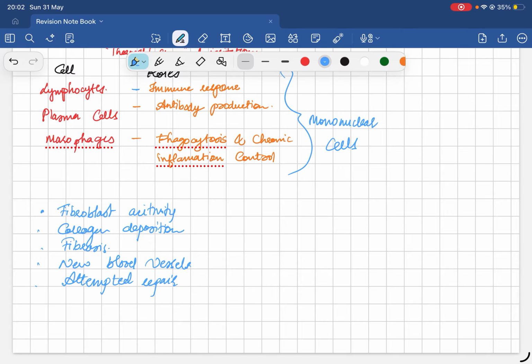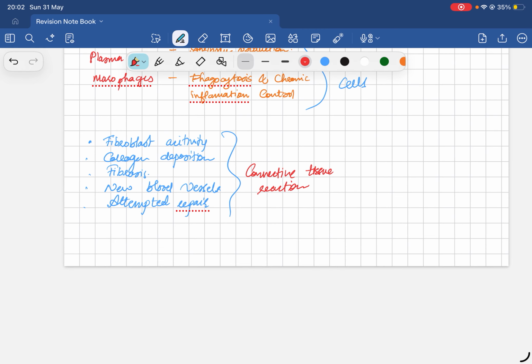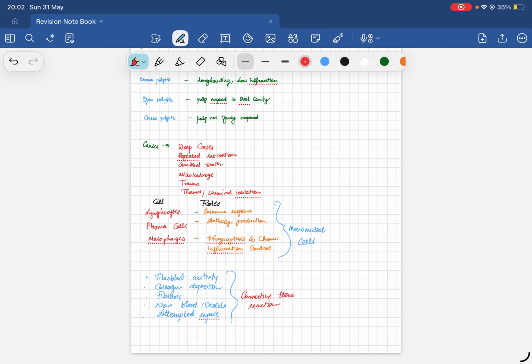So these are the connective tissue reactions that we can see. Okay.